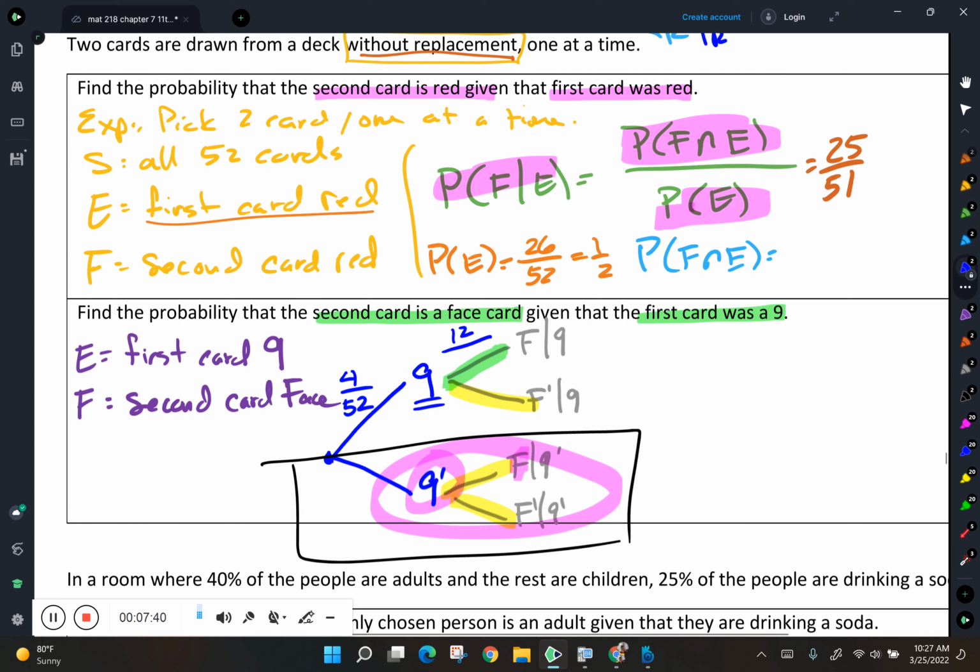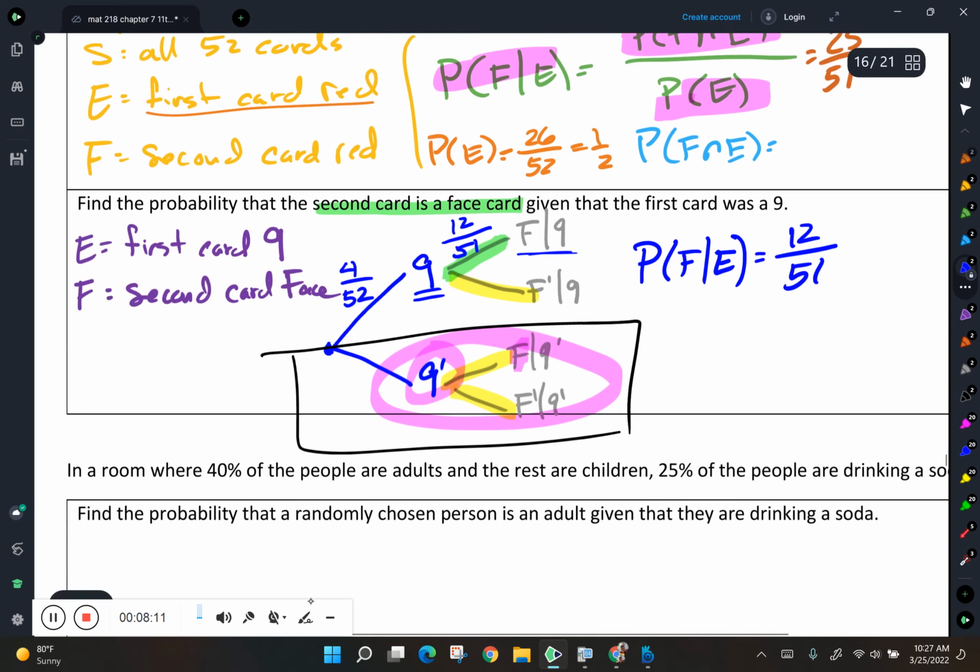But since we pulled the 9 out, there are only 51 cards left in the deck. So that conditional probability of the face card given the 9 is 12 out of 51. So the probability they want me to calculate, which I'm calling F given E, face card on the second given that the first was a 9, is 12 out of 51.